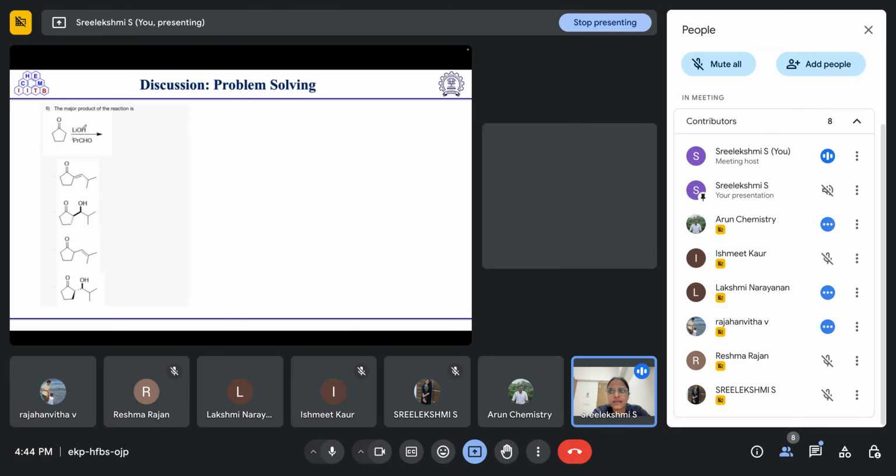So basically, what is happening here? Proton is removed from cyclopentanone. So here, if it is removed, that will add to the isopropyl carbonyl group. And here, one more thing we have to consider is the stereochemistry. So which enolate will be formed here first, E or Z?